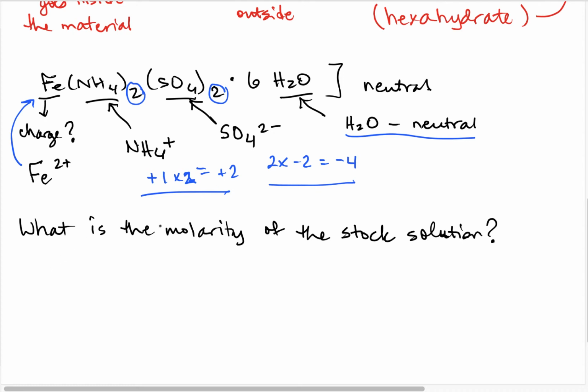So let's calculate how many moles we have. So we have 0.2810 grams of this iron compound, which I'm not going to write out because it's really long. So you need to look up the molecular weight and write grams per mole of this compound. So pause the video and go calculate that molecular weight.